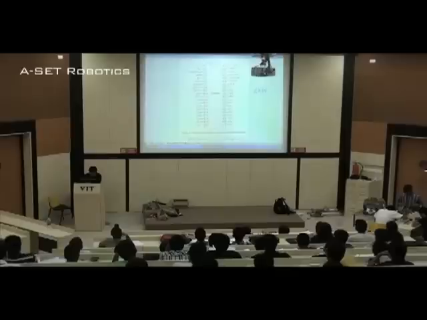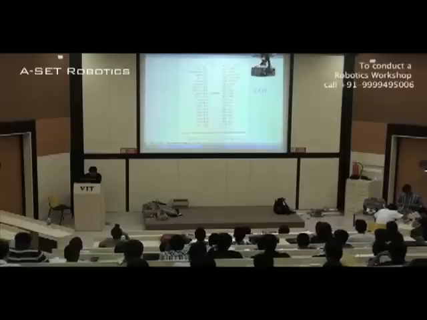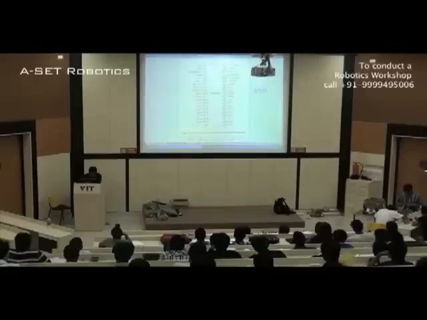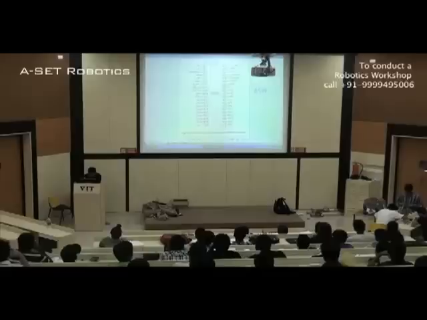If you talk about the address, so A0, A1, AD2, AD3, AD4, AD5, AD6, AD7, then A9, A10, A11, A12, A13, A14 and A15. How many bits are there? 16.